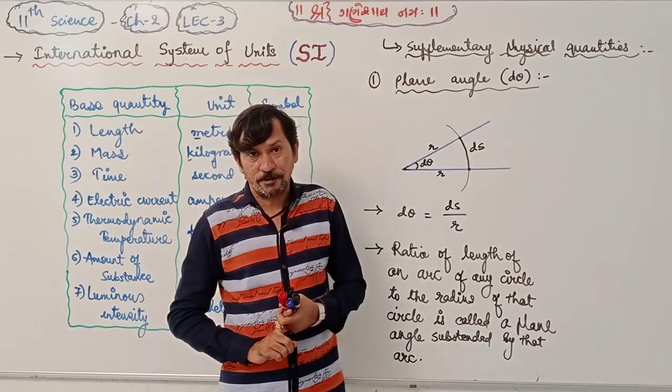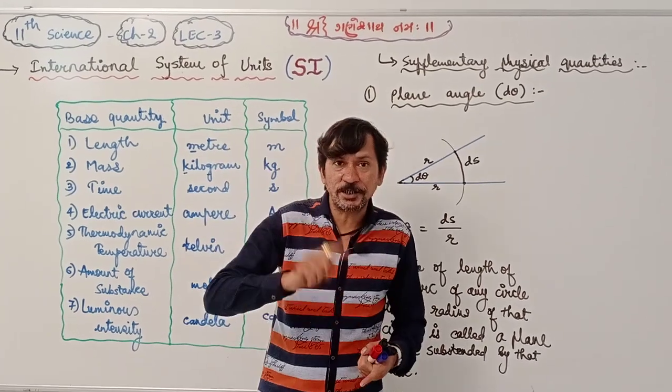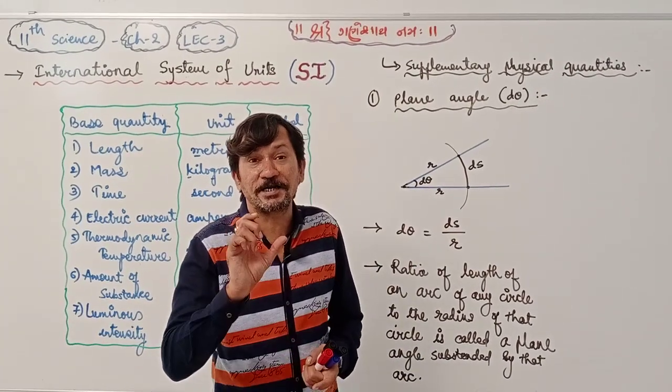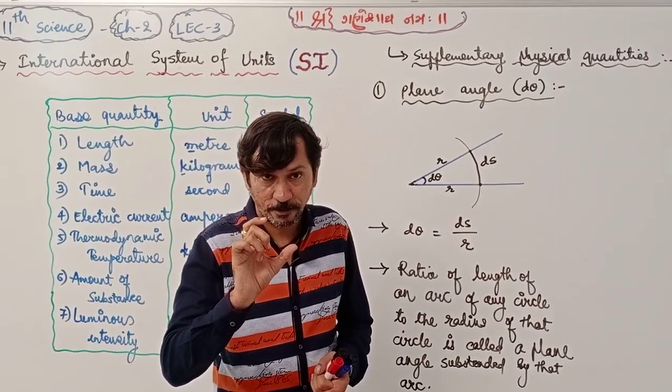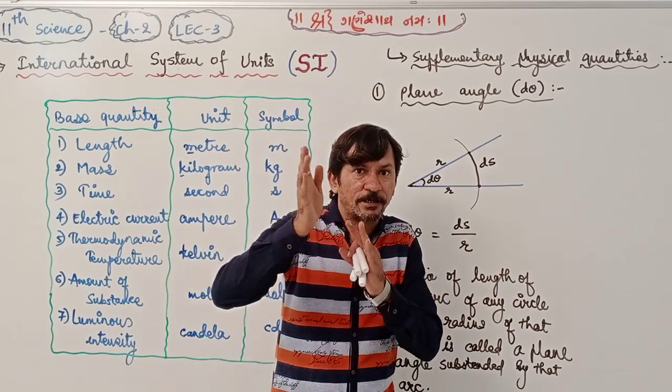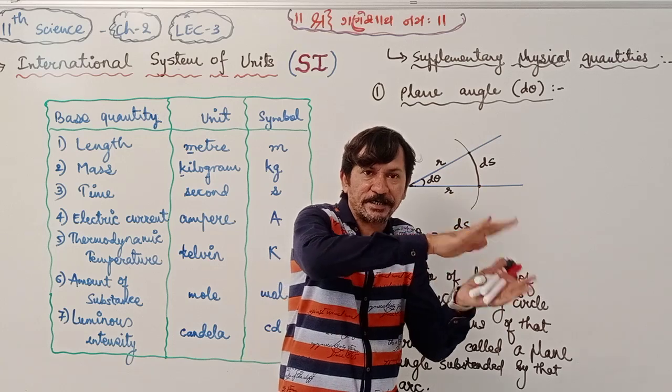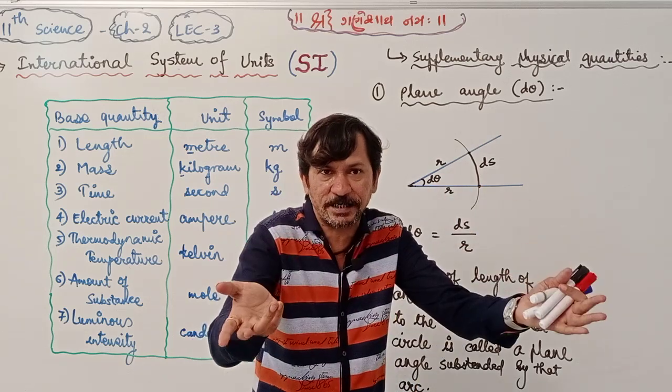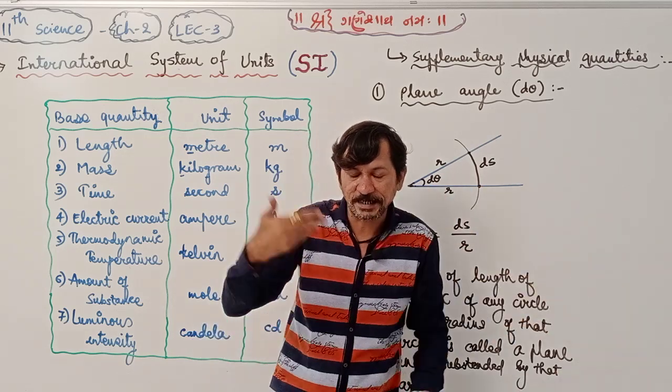In this SI, the unit of a plane angle is radian. The other thing is, we will convert radian into degree and degrees into radian for our convenience. There is a method.